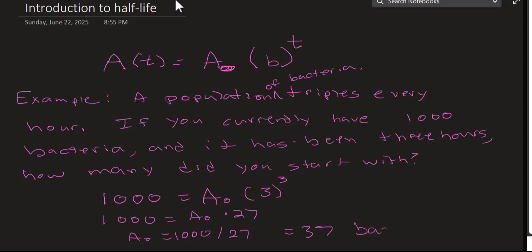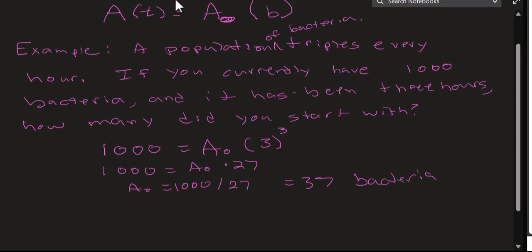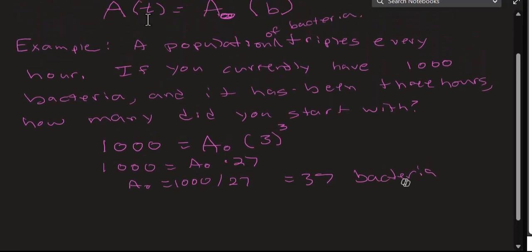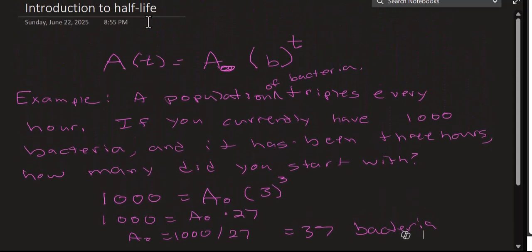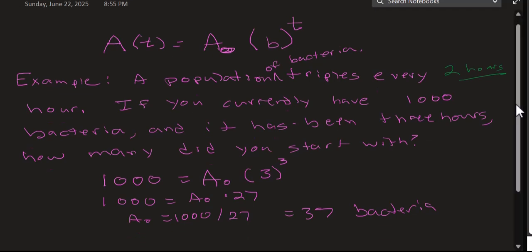Okay, but that's because they tripled every hour. What if it was a unit of hours, or a multiple number of hours? So what if I said instead that the population triples every 2 hours? Well, there's two ways I could go about doing this.